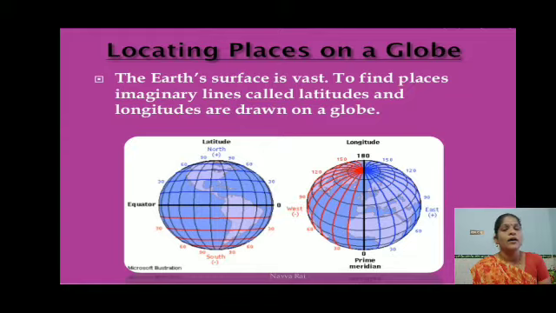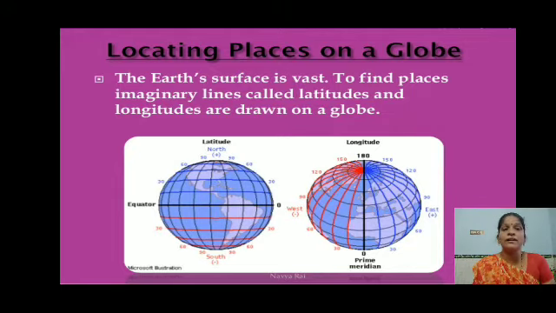That is the main reason to draw the imaginary lines on the earth. Okay, there are three kinds of imaginary lines that run through the globe and earth. First one is axis, then latitude and longitude. First you want to know what is an imaginary line, then latitude, then longitude, and for what purpose these lines are used on the globe. Okay, dears?